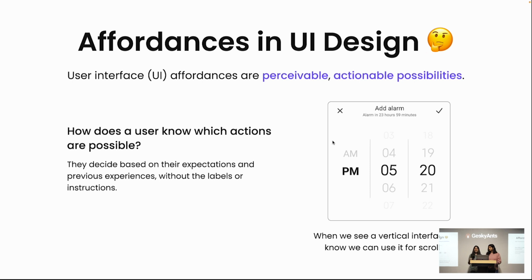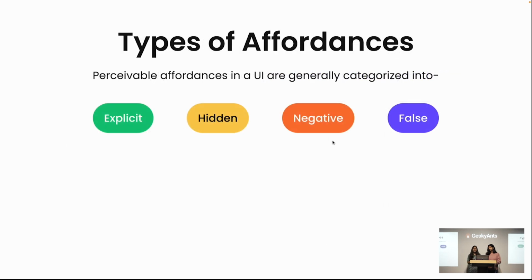How do we know, without any instruction, that we have to scroll down to see further numbers? Users know these actions are possible based on their expectations and previous experiences, what they came across before. So, if we speak of the types of affordances, they are explicit, hidden, negative, and false.